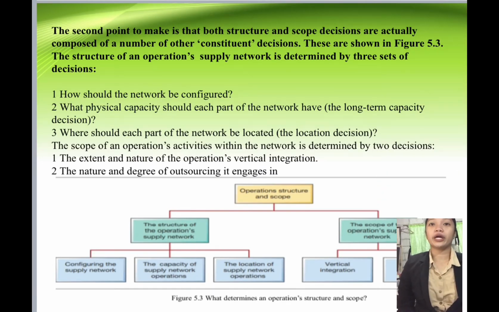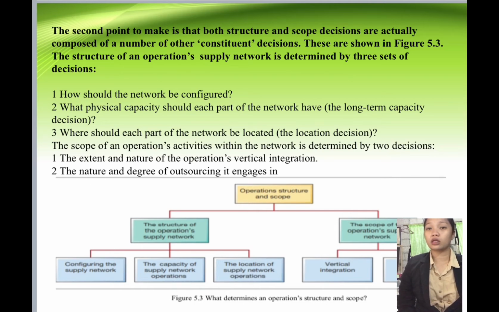The second point to make is that both structure and scope decisions are actually composed of a number of constituent decisions. These are shown in figure 5.3. The structure of an operation supply network is determined by three sets of decisions. Number 1, how should the network be configured? Number 2, what physical capacity should each part of the network have?